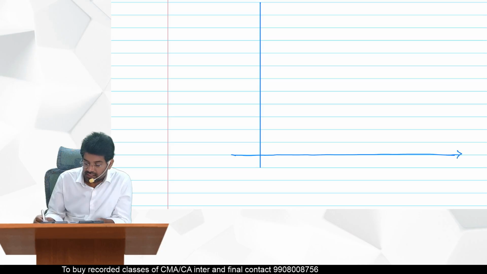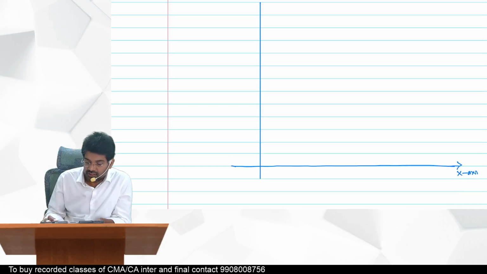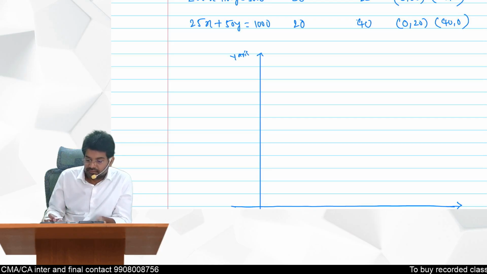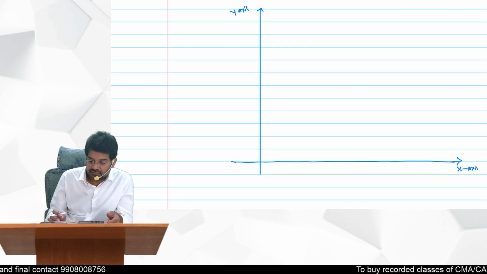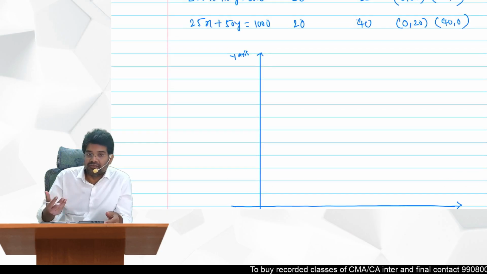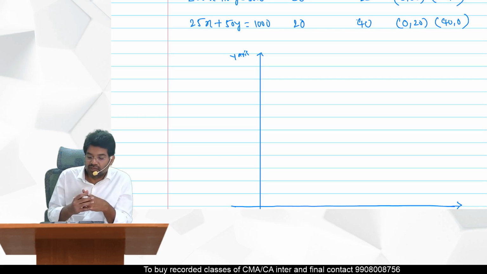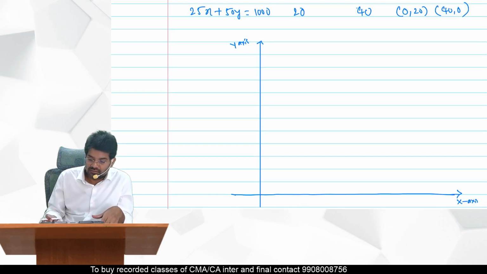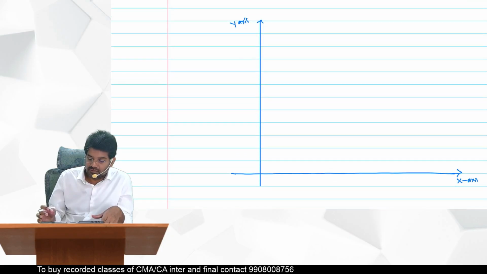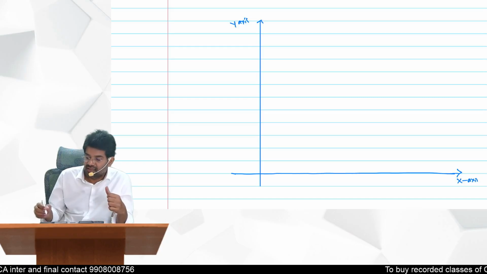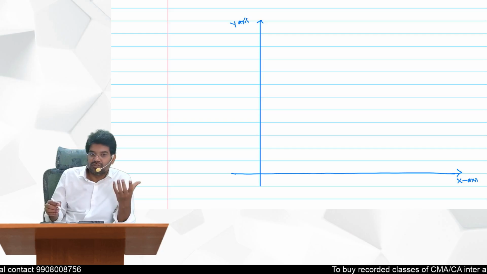So this is our x-axis, this is our y-axis. In fact, if you use graph paper, then that will give you a proper picture. Exact values we are going to get. So I will introduce graph here, because our answer depends on the corner points only.